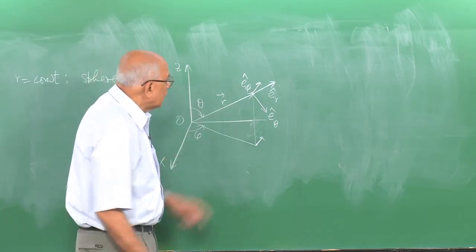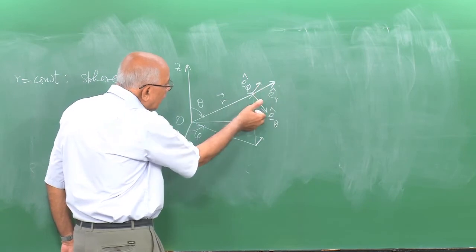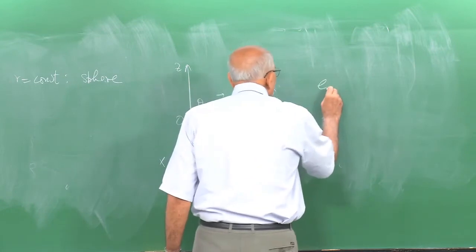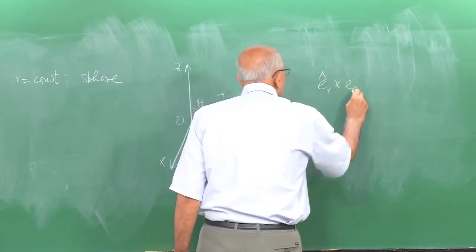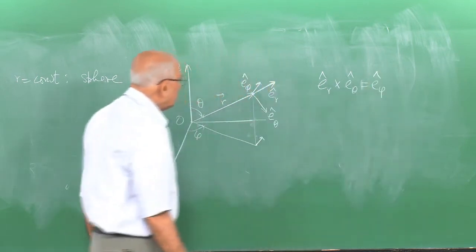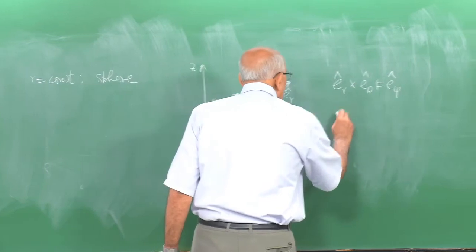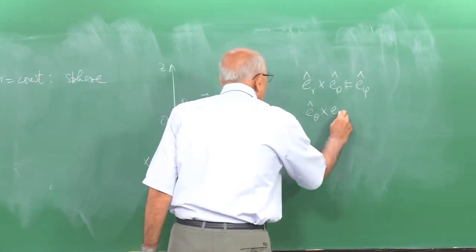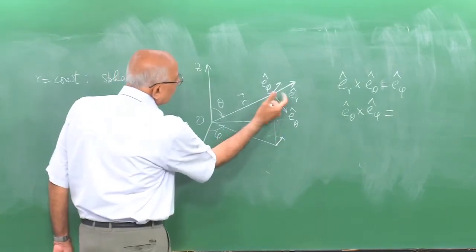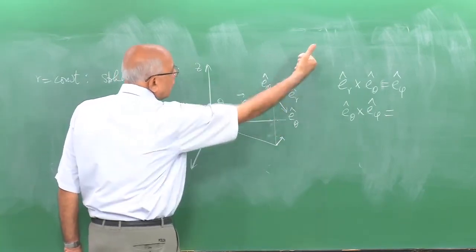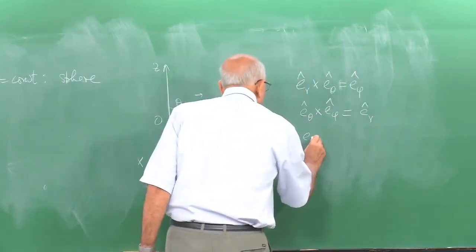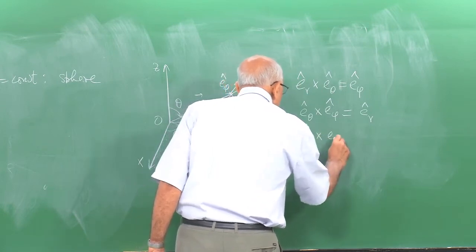So now you can see that if I take E r and take a cross product with E theta, I am moving into E phi. So I have the first of these relations, E r cross E theta equal to E phi. Then E theta cross E phi. So I go from E theta, go into the plane of the board, twist this around, and I move along the radial direction. So this is E sub r. And finally E phi cross E r.